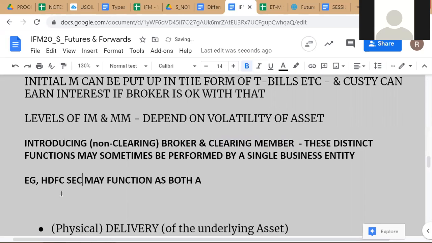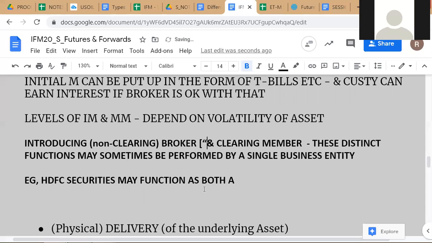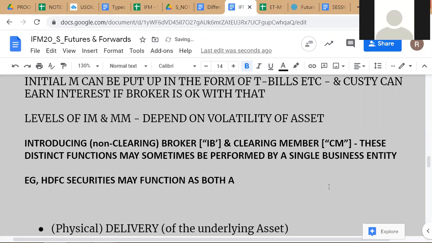Say HDFC Securities, okay, as an example. HDFC as both an introducing broker, let's call it IB here, and clearing member, let's call it CM here. Okay, these guys as both an IB and a CM.